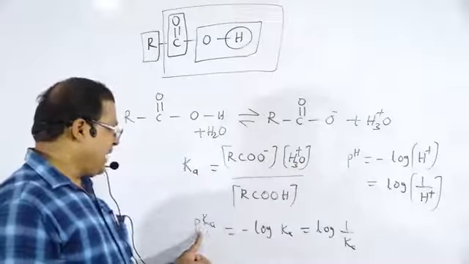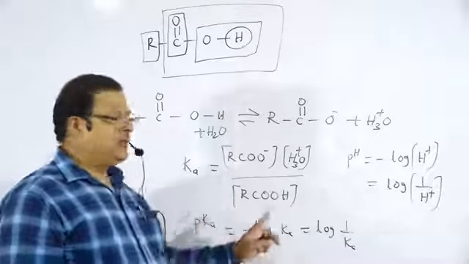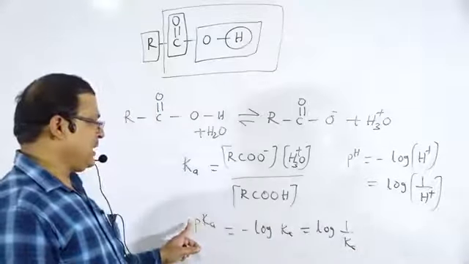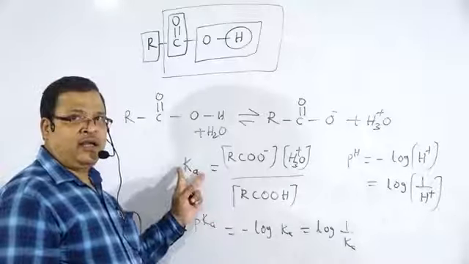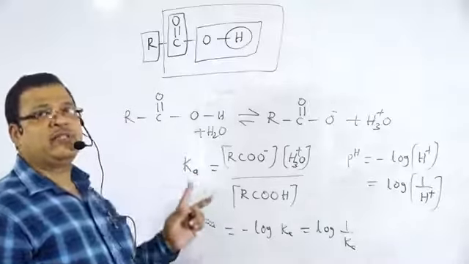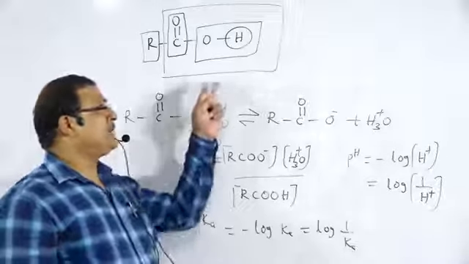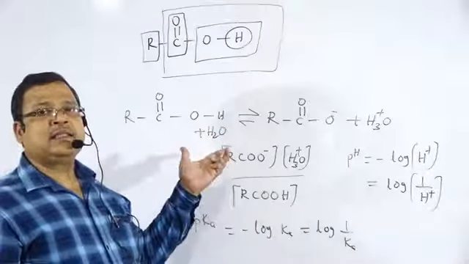Higher is the value of pK, lower is the value of K, and its acidic behavior will be less. So higher K or lower pK means more acidic behavior. Next we will compare the acidic behavior of these acids with that of alcohols, phenols, and aromatic acids. Now we will discuss the factors affecting the acidic behavior of a substance.